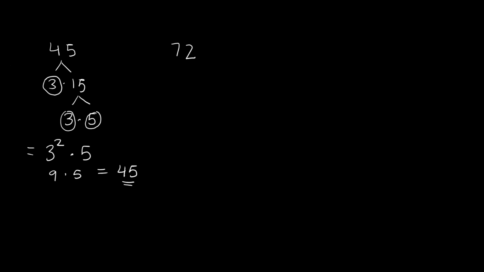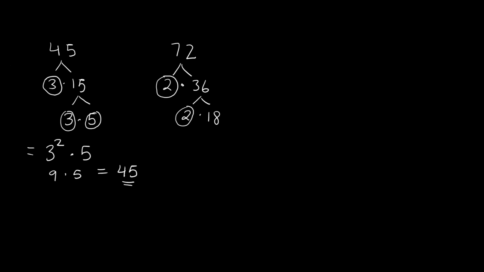Now you can also pause the video and try this one: 72. 72 is an even number, so I can do 2 times 36. I circled 2 because it's a prime number. And now let me factor 36. 36 is also an even number, so I can factor 2 times 18. 2 times 18 should give me 36.